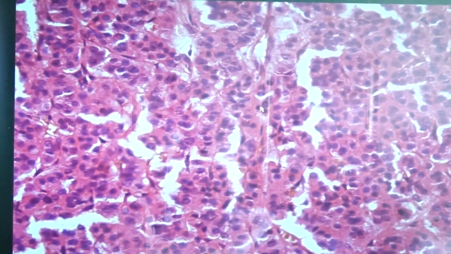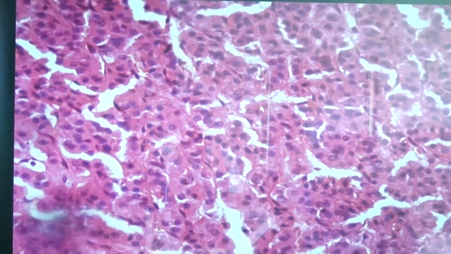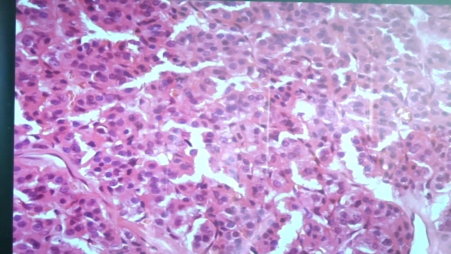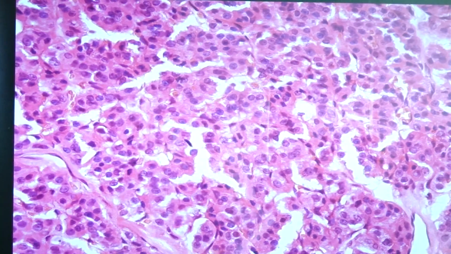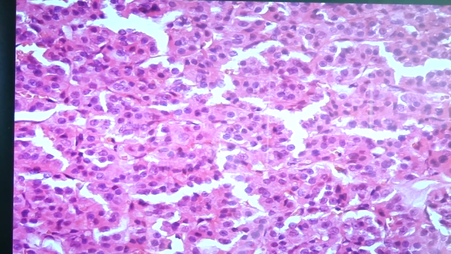Although we do not see the characteristic colloid within the follicles. So you can see the presence of the lumen, but there's absence of the colloid. So they are normal looking.